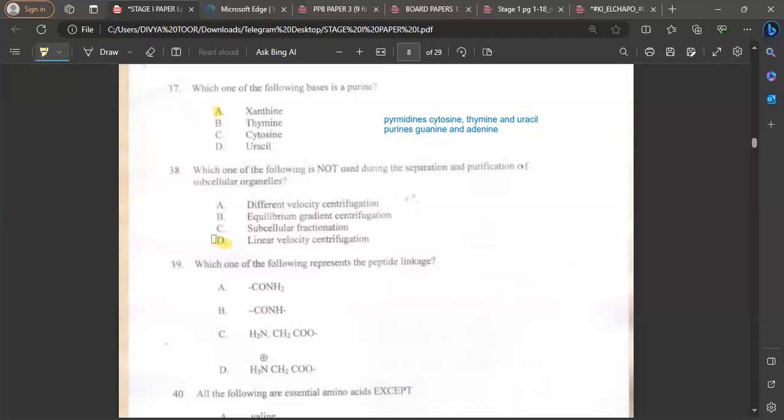Okay, on Google, I've just seen for the first one, it says differential velocity centrifugation is a common procedure used to separate organelles and other subcellular particles based on their sedimentation rates. So this is to separate organelles.